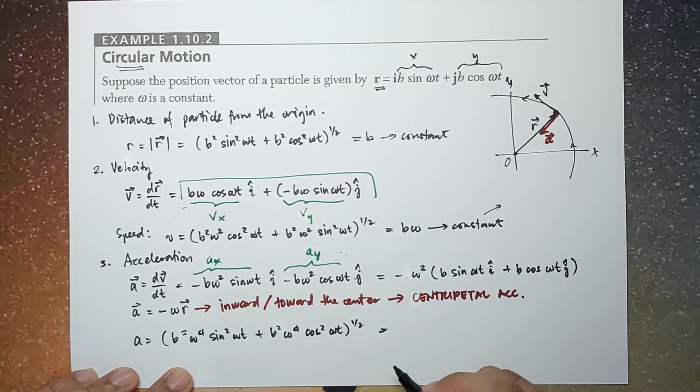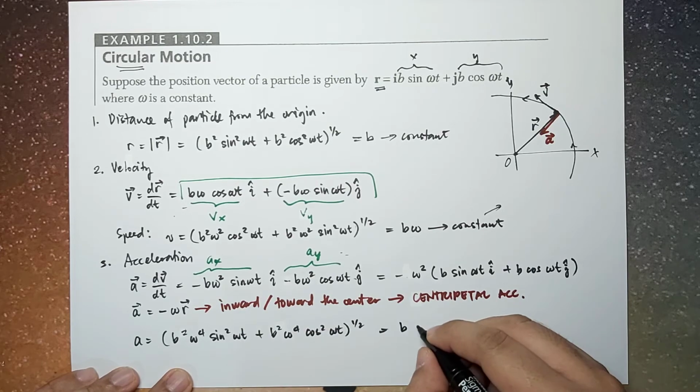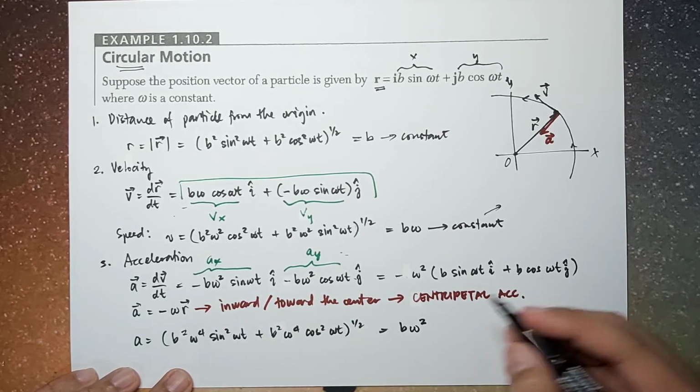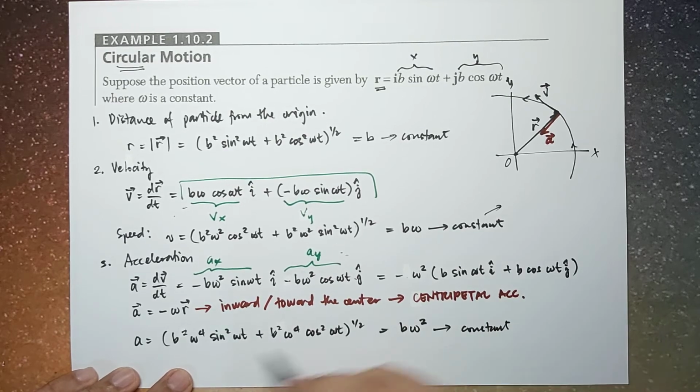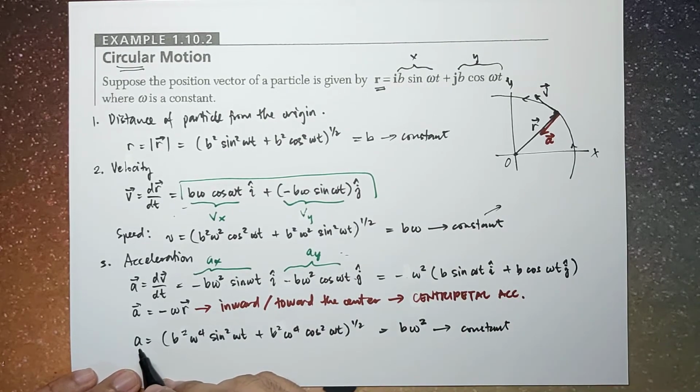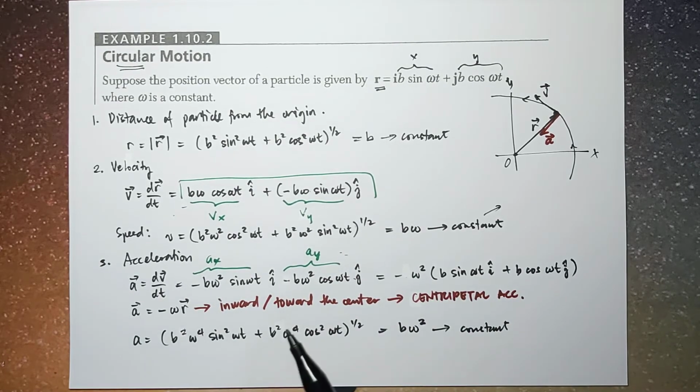This becomes b squared omega to the 4th to the 1/2, which is b omega squared, again a constant in magnitude. So the particle's acceleration is always opposite the position vector r, which means it is always directed towards the center and has a constant magnitude.